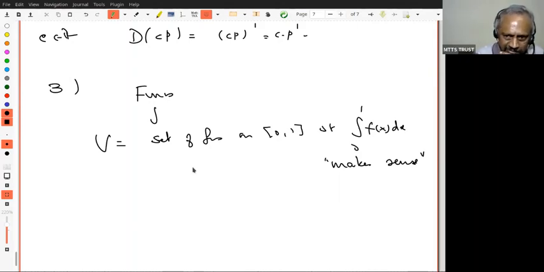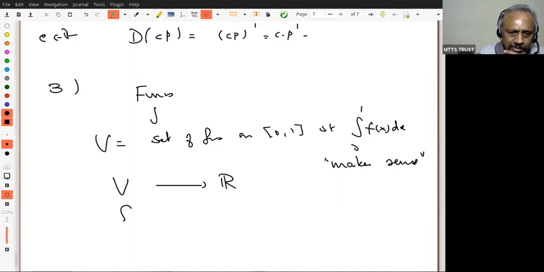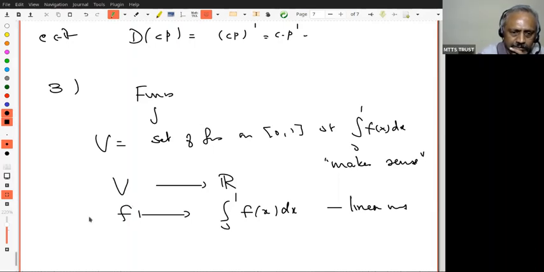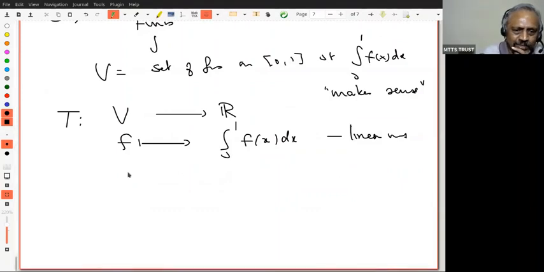If you are slightly uneasy, do not trouble yourself too much. Later you will understand. Right now, from V to R, I have a natural map: we take f and map it to the integral from 0 to 1 of f(x) dx. I claim this is a linear map. Now f is here as a function, so I would like to call the map T. What do I have to check?